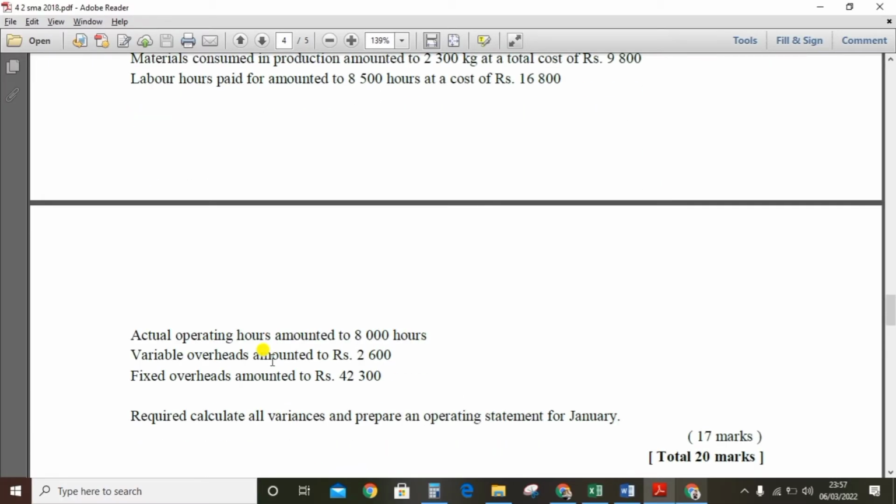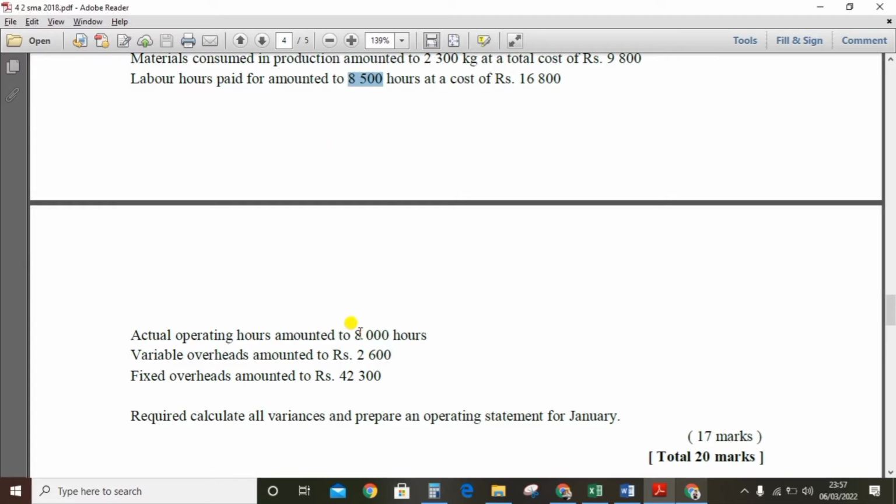Actual operating hours amount to 8,000 hours. Variable overhead amounted to 2,600. Fixed overhead amounted to 42,300.